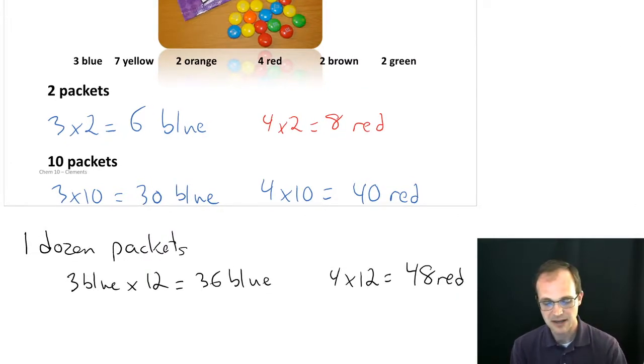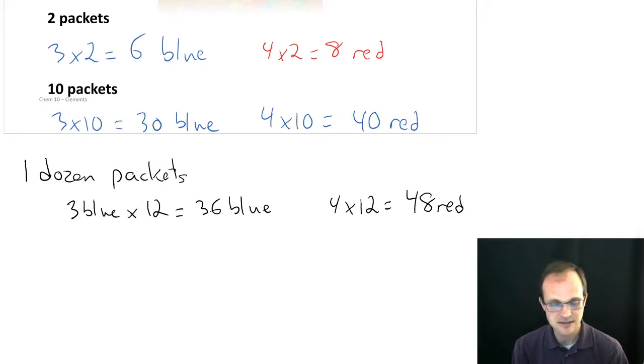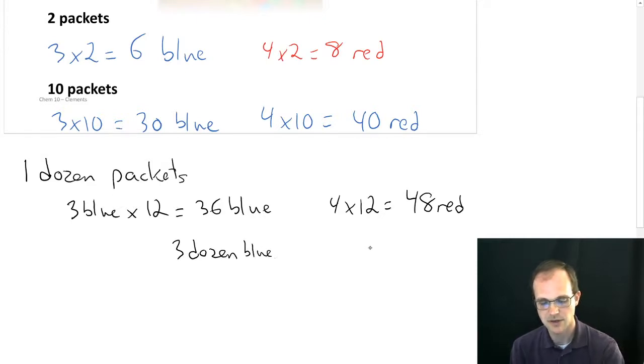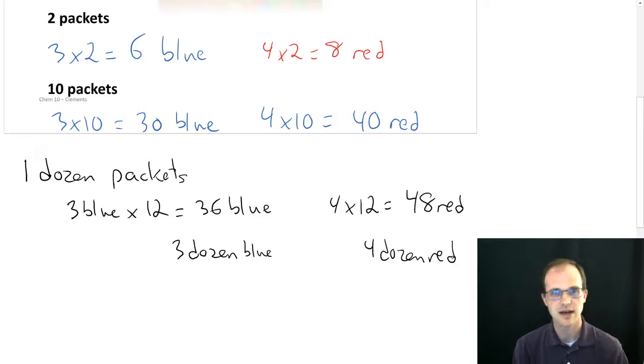But what's another word for 36? Well, another word for 36 is 3 dozen. And another word for 48 is 4 dozen red. Well, that's interesting. When I had 1 dozen packets and there were 3 blues per packet, I ended up with 3 dozen blues.